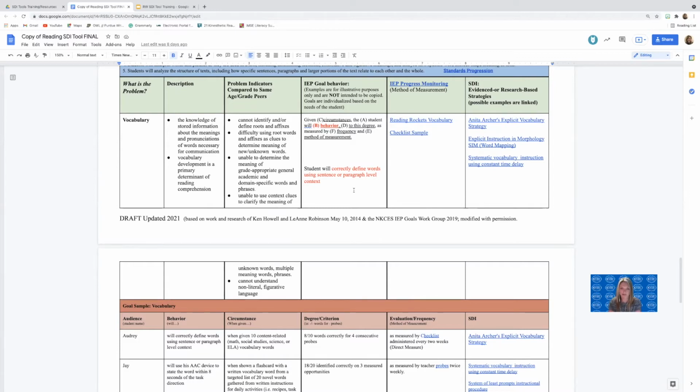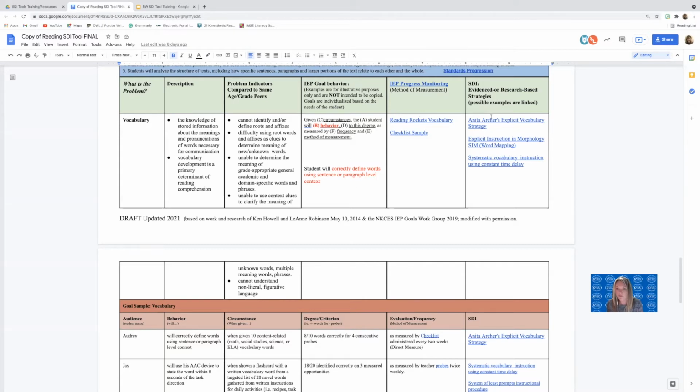So we want them to be able to read a sentence or a paragraph and use the context within that to come up with the definition or understand what a word means. And if you look at the example here, these are the components of a compliant goal.